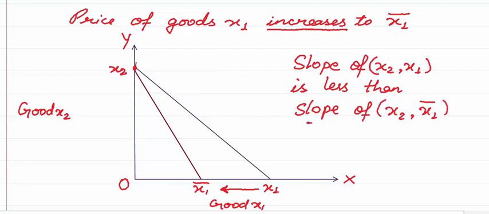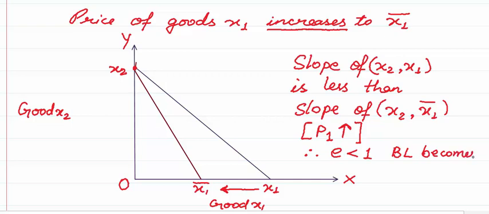This is all because the price of goods 1 has increased. Therefore, the elasticity is less than 1 and the budget line becomes steeper. So this is in the case of increase in price of goods X1.